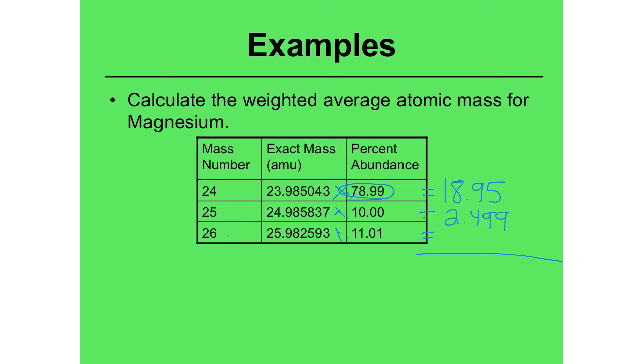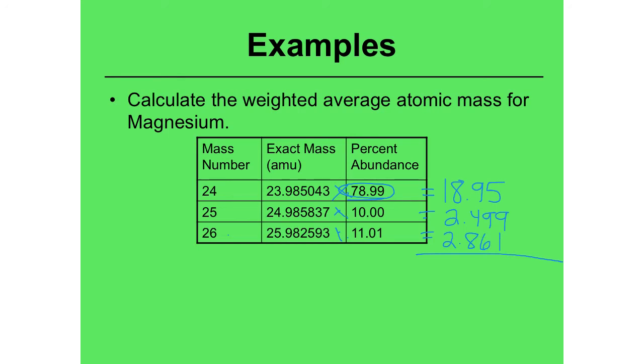And then our last one, we type in the whole number, 25.982593 times 0.1101, and that gives us 2.861.